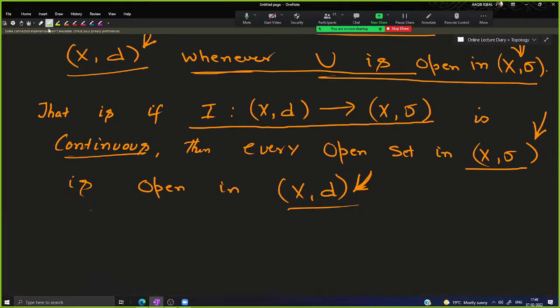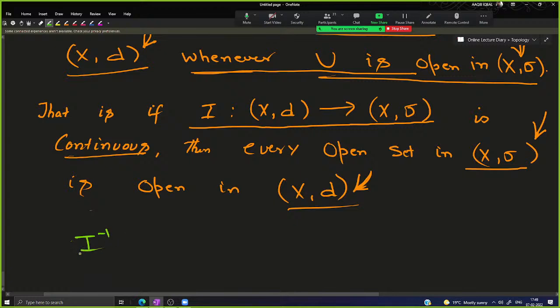ठीक, अब मैंने ऊपर ऑलरेडी आपको दिखाया, मैंने ऑलरेडी पॉइंट आउट करके रखा है कि it's a bijection, so इसका इनवर्स भी exist करेगा। बाय द वे, अगर मैं आपसे पूछूँ, ये जो I inverse है ये कहाँ से कहाँ जाएगी?